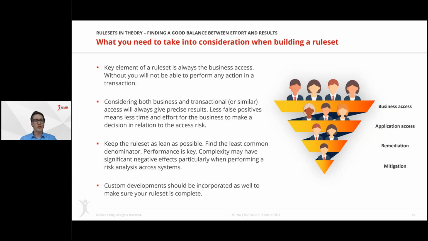Maybe worth adding here, in terms of complexity, it's also having an effect on the performance. We had one customer where the risk analysis was running more than 20 hours. This is, of course, not an ideal scenario and should be avoided whenever you can.